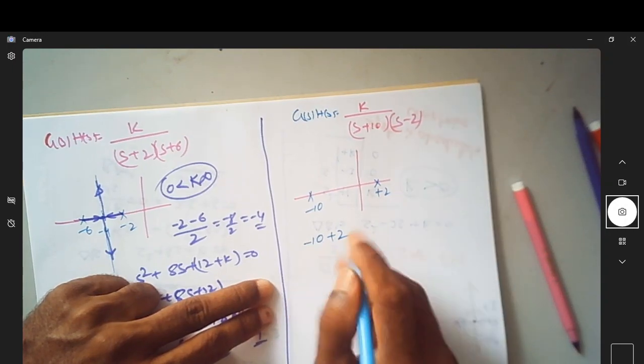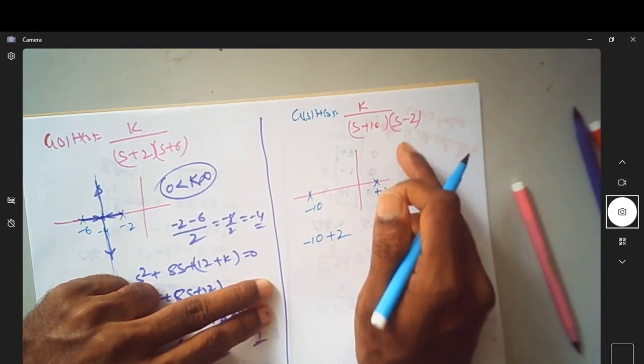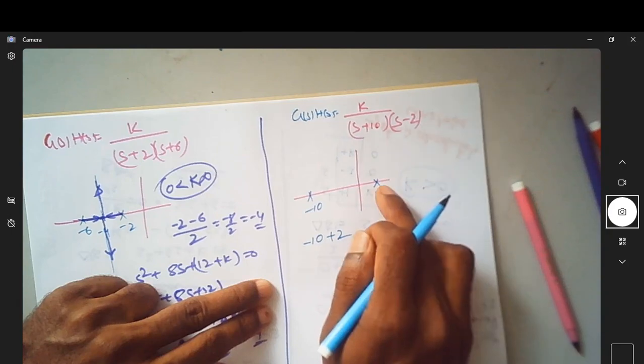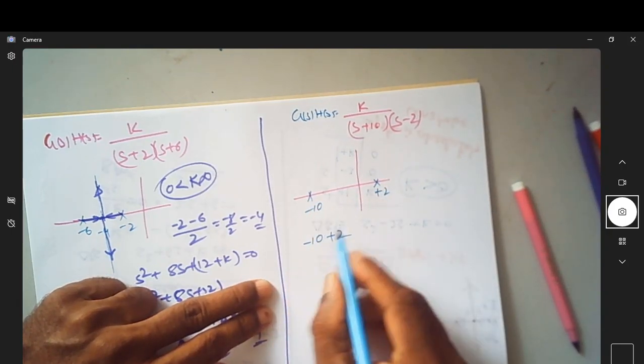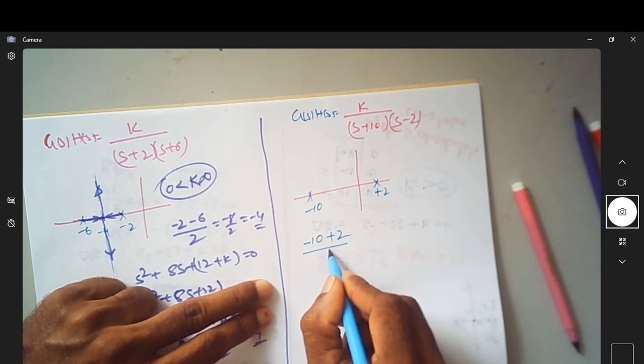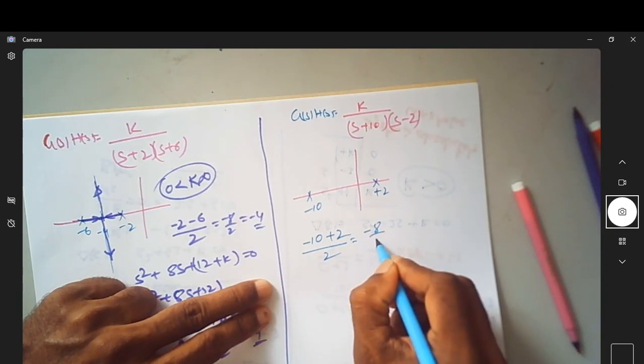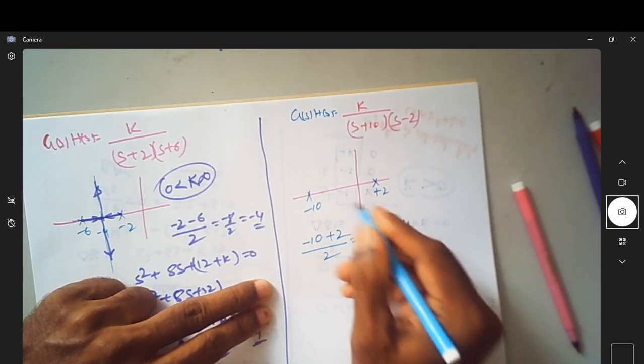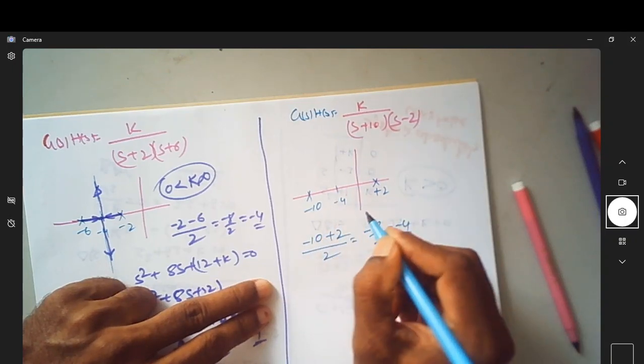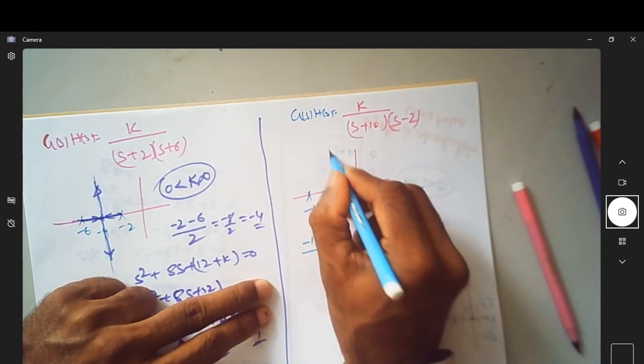And of course these are the pole positions. One of the pole positions is at plus 2, the other pole position is at minus 10. Number of poles minus zeros is 2. Is it not minus 8 by 2, which is minus 4? Can you see the centroid is there at minus 4 somewhere here? The angle is again so and so.